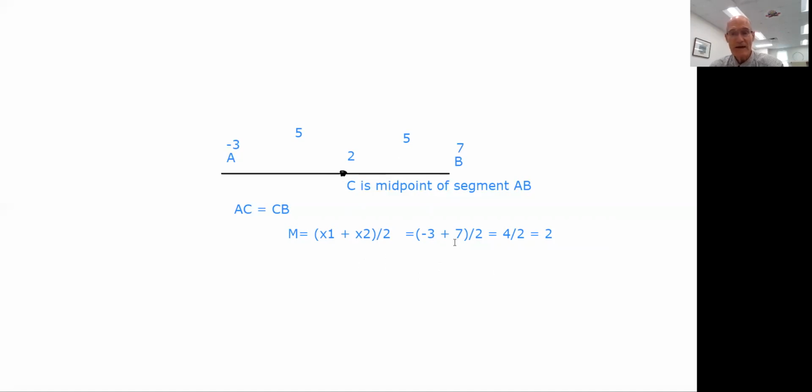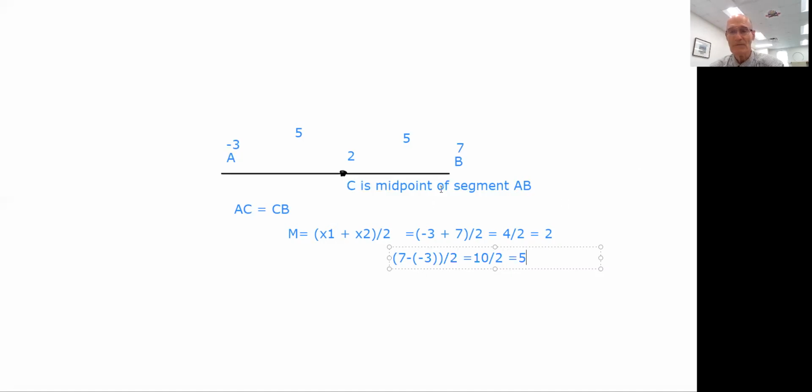If I had subtracted here instead of adding, I would have gotten 7 minus -3, so I put another set of parentheses in here, divided by 2, which would have been equal to 10 divided by 2, which is equal to 5.